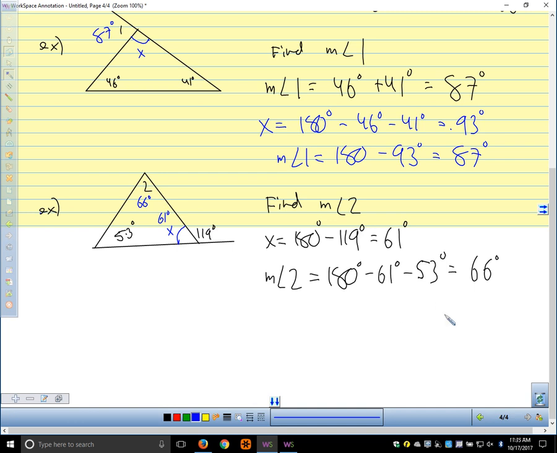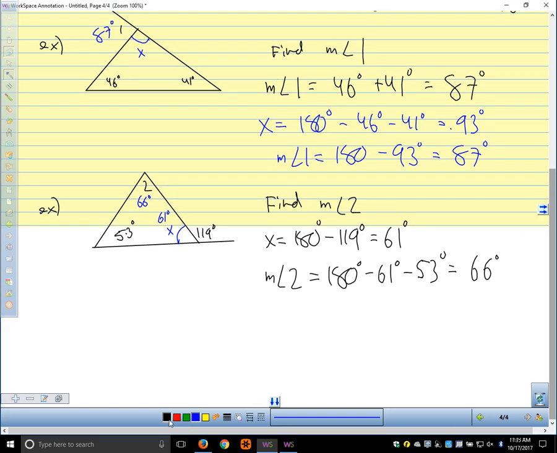Is there another way we could have done this one? Or, well, I'll restate. There is another way we could do this one. Yeah. Right. You set it up basically exactly like we set up the last one. We know that 119, the other way we could do it, is 53 plus the measure of angle 2. When we add those two together, they have to equal the exterior angle.